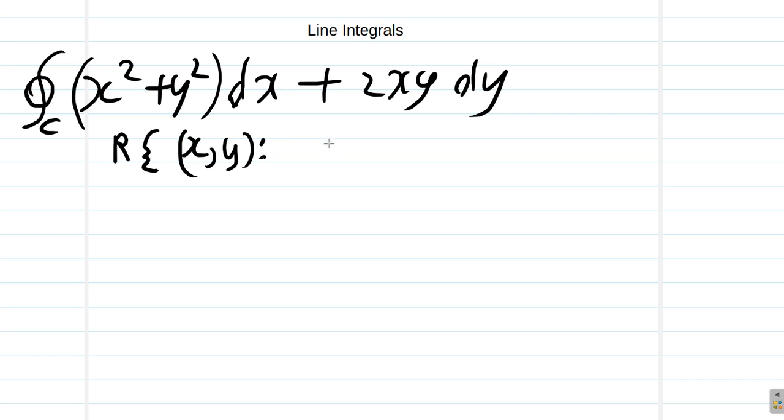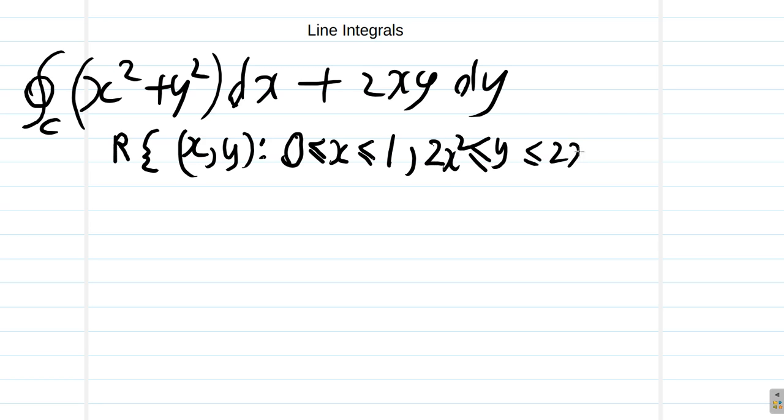Such that this is what you see next. X is greater than or equal to 0 and less than or equal to 1, comma, then it says y is greater than or equal to 2x squared and less than or equal to 2x. You close the bracket. That's what it means.